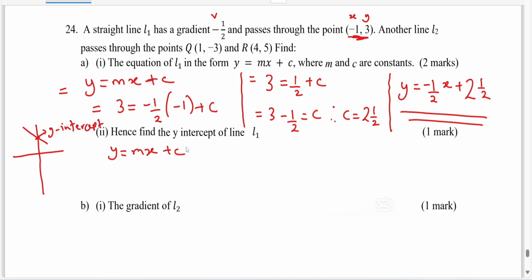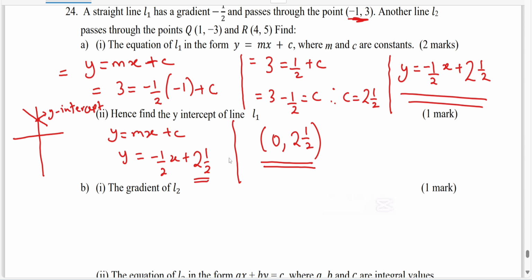So this c is our y-intercept. If you look carefully, y equal to negative a half x plus 2.5, this is your c, and therefore that's your y-intercept. The y-intercept is when x equal to 0. So in terms of coordinates, you write (0, 2.5).